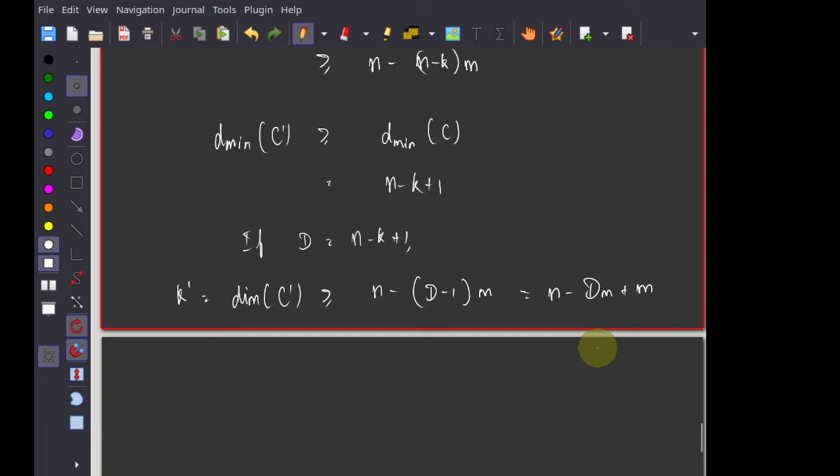If n grows to infinity, then I need to make sure that 2 to the m, or p to the m, should also be larger than n. So m should scale appropriately, correct? But if m also has to scale with n, then it means that this factor over here, (D minus 1) times m, also has to scale with n. Potentially this could be much smaller.